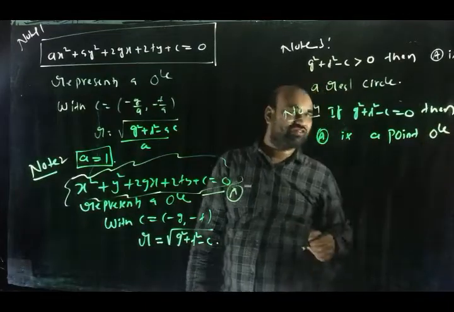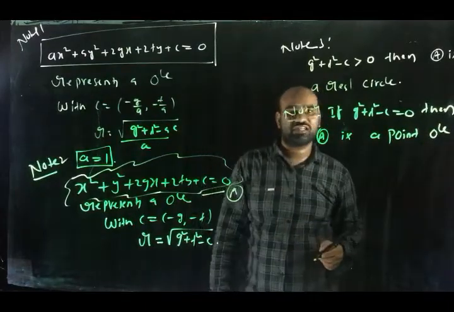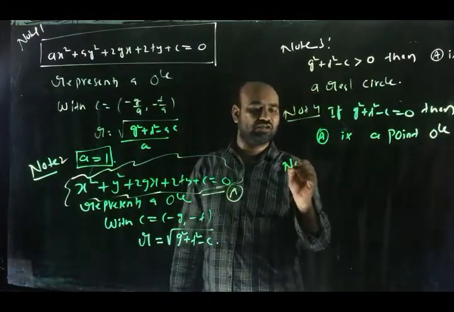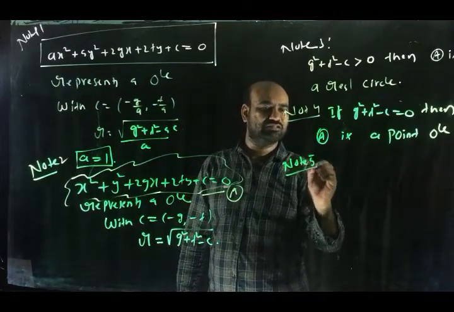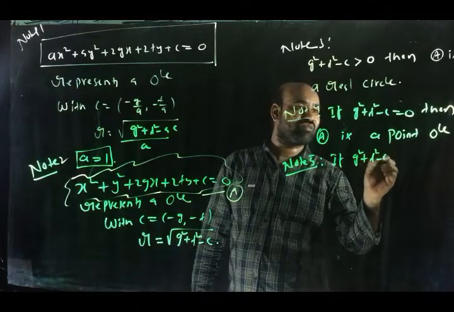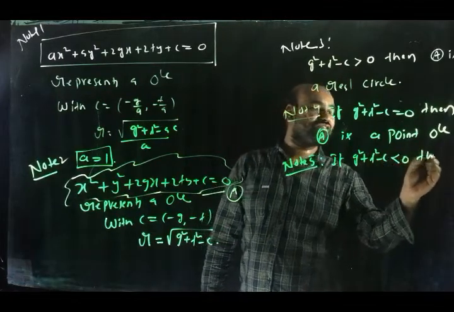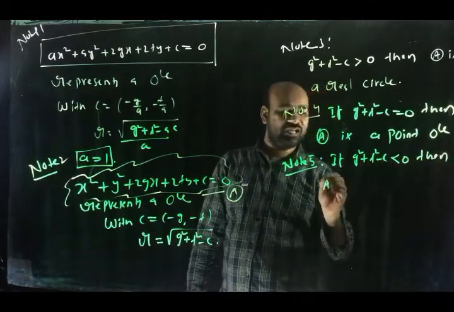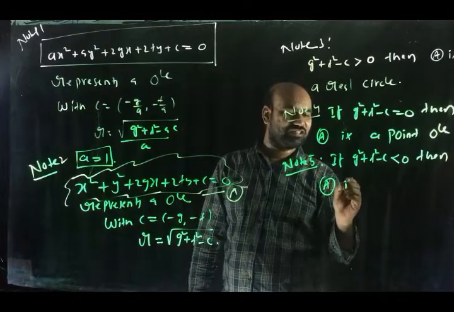Already discussed, radius equal to 0 means point circle. Note 5: if g square plus f square minus c less than 0, then A represents an imaginary circle.